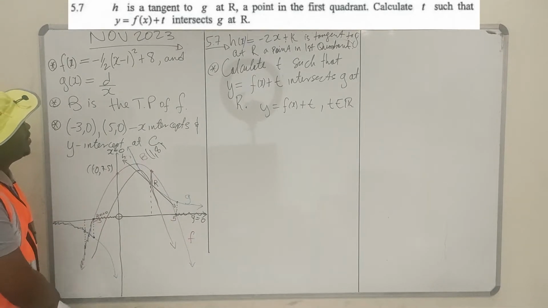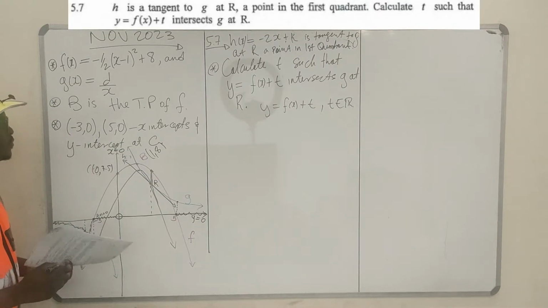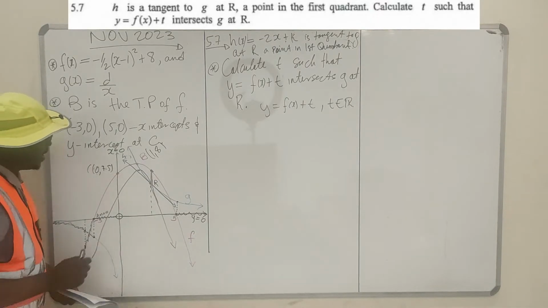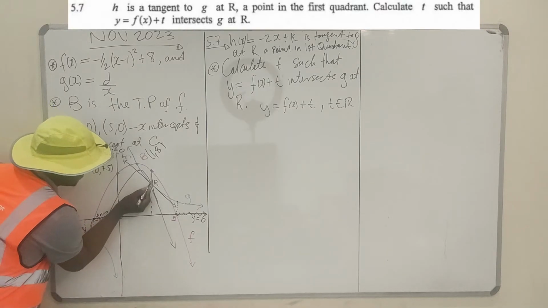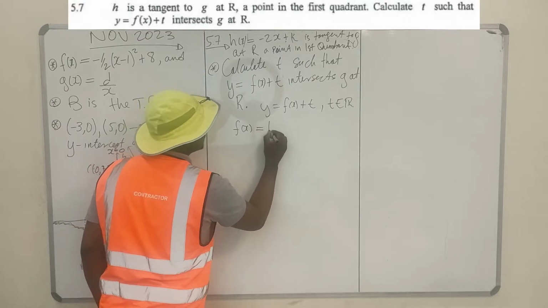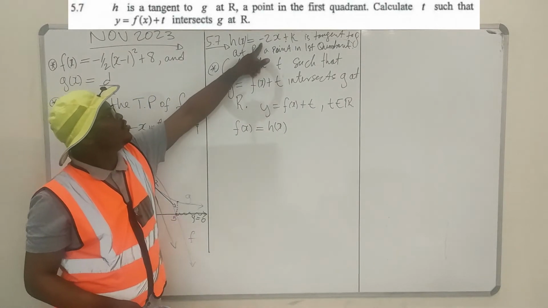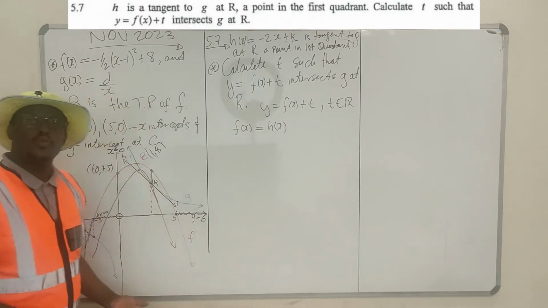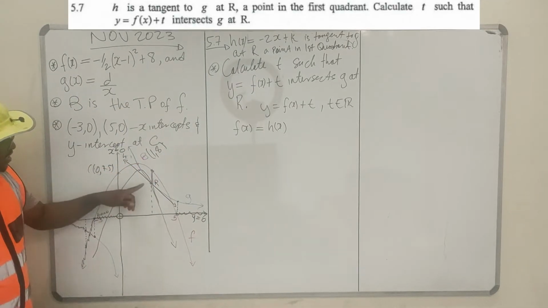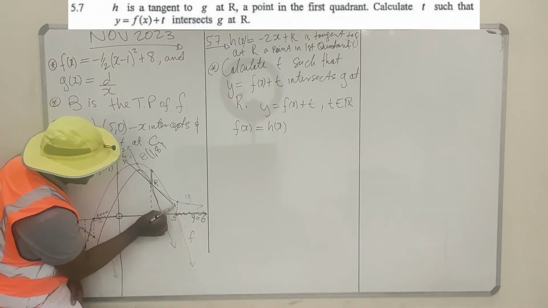So what do we know? We know that at this point here, f of x, g of x and h of x, which is your tangent, do intersect. Your tangent h is black here, right?